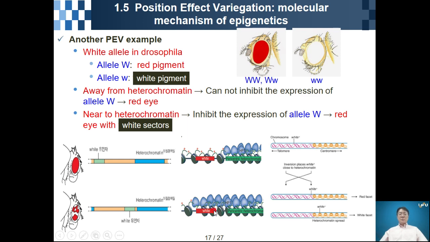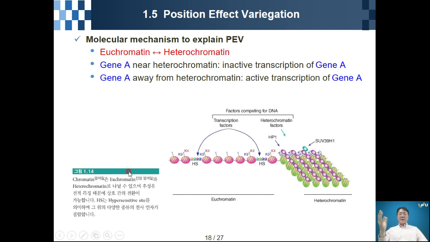Or sometimes when a gene is located in the heterochromatin region, gene rearrangement happens, so the location can be changed to the euchromatin region. So it means that they are interchangeable like this.